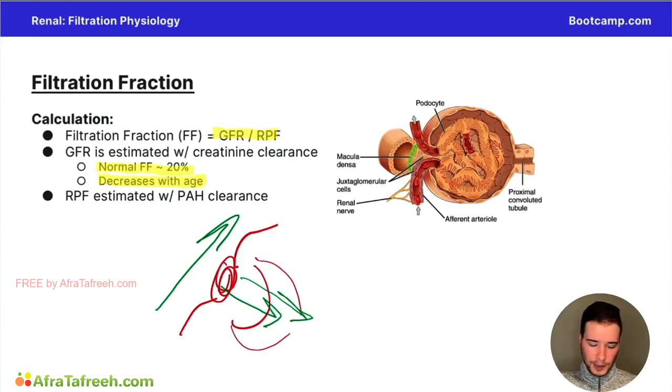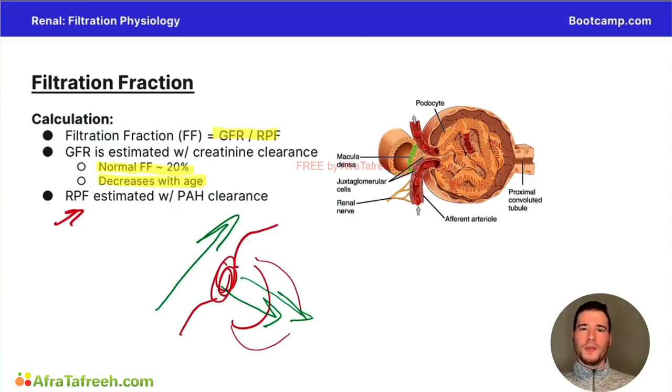Finally, a couple points here. GFR, I said, is estimated with creatinine, and then renal plasma flow can be estimated with something called para-aminohippuric acid, shortened for PAH. Again, we'll talk more about this in the next video. But essentially what this is saying is that 100% of this molecule, PAH, is excreted from the body. Remember what we said on the terminology slide, excreted from the body means it's actually in the urine and we get rid of it altogether.